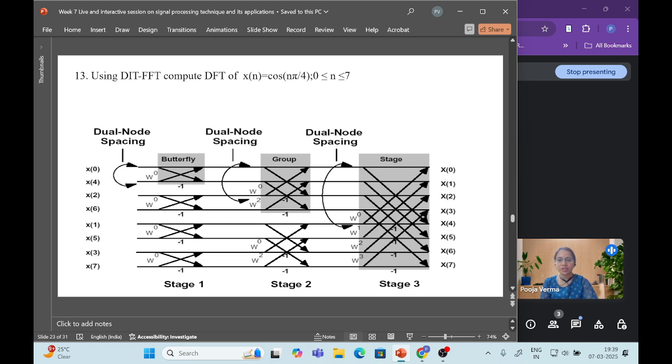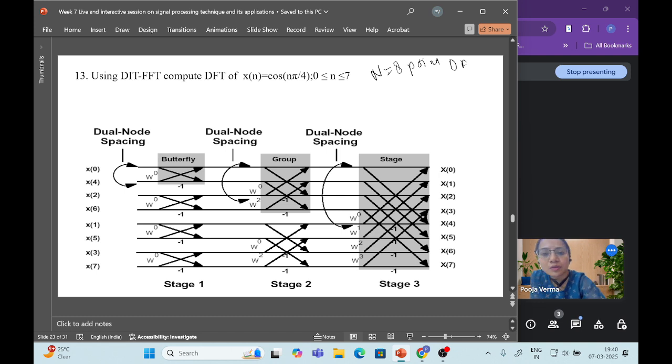Now the next question asks: using the DIT FFT, compute the DFT of x(n), where x(n) is given as cos(n pi by 4), with n varying from 0 to N minus 1. That means it is an 8 point FFT. The butterfly diagram is already given, we just need to find the values.